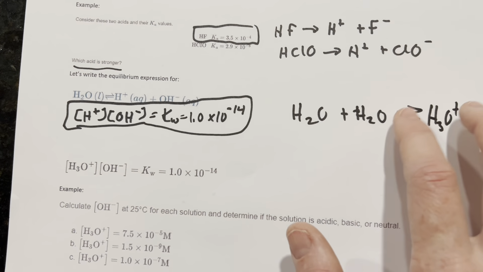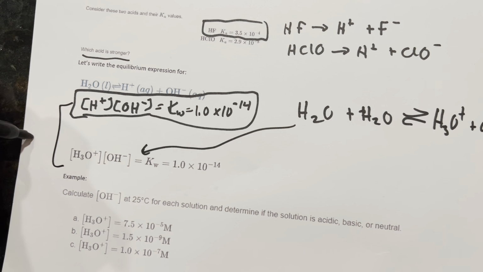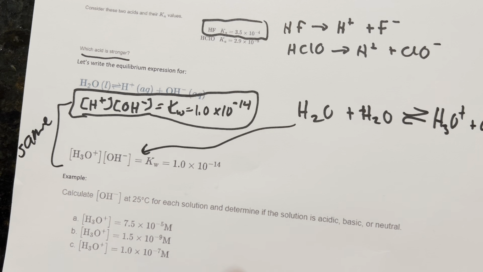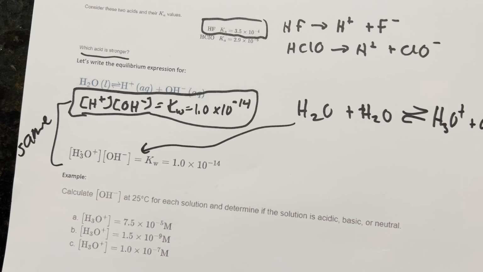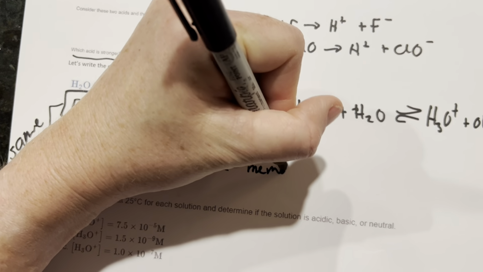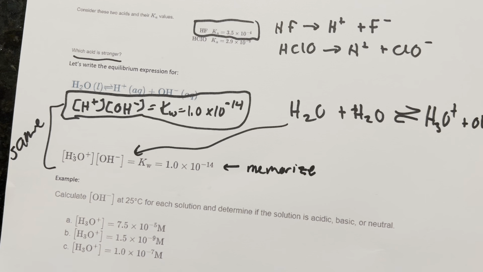Then if you write the equilibrium constant, you get this. But again, these guys are the same. All right. So knowing the equilibrium constant value for water, this, by the way, you just memorize it. You're going to use it so much, you might as well just memorize it.